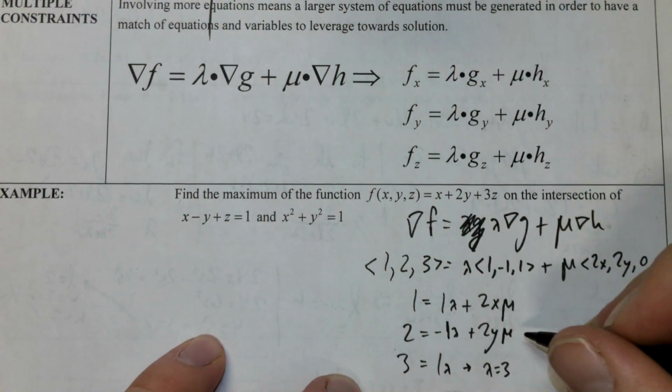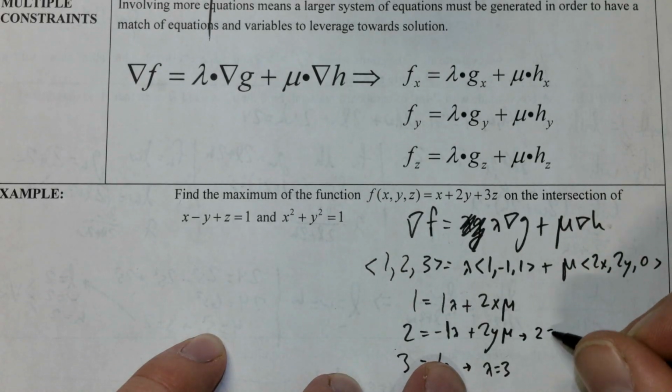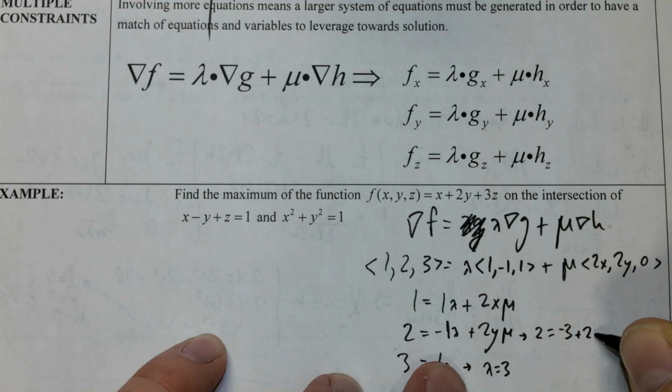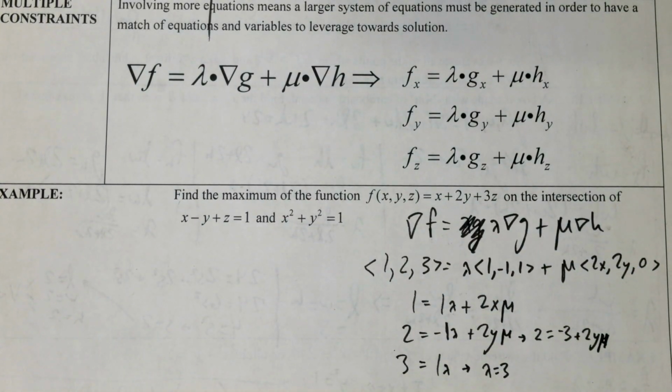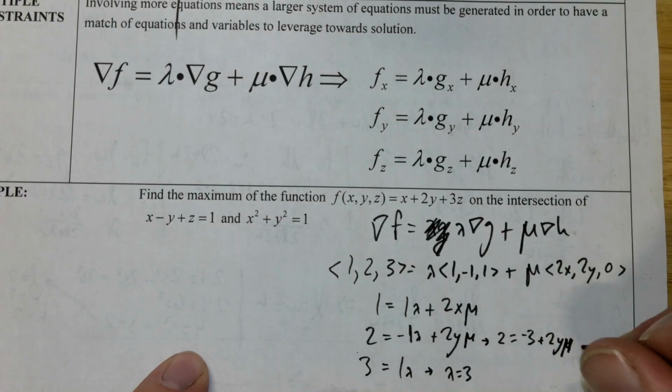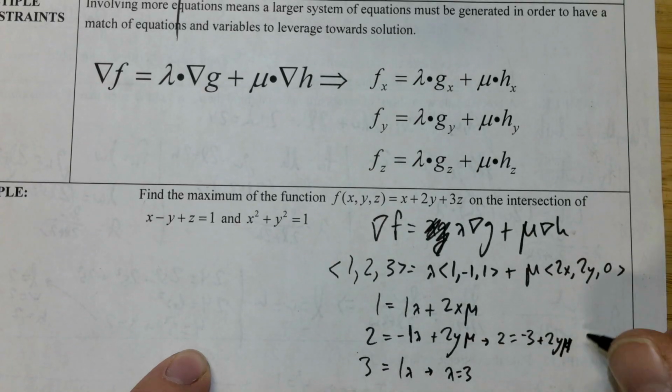Okay, so here we go. If I know that lambda equals 3, I know that 2 equals negative 3 plus 2y mu. I wrote that mu very ugly. And I use just my little bit of algebra, add the 3, divide by the 2 mu.